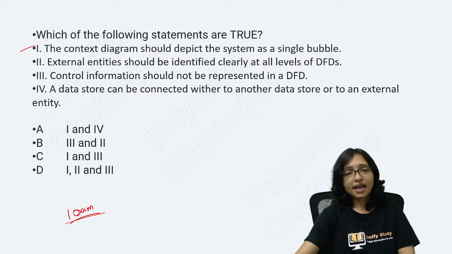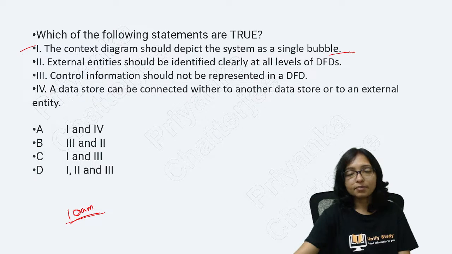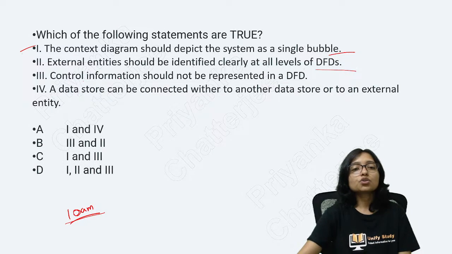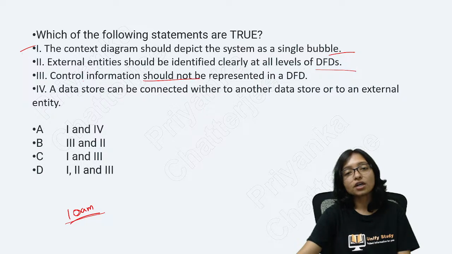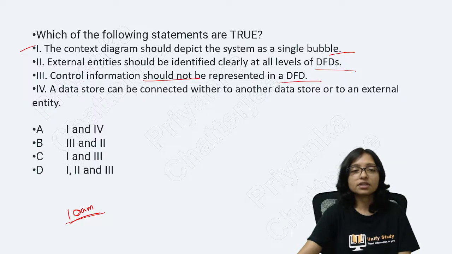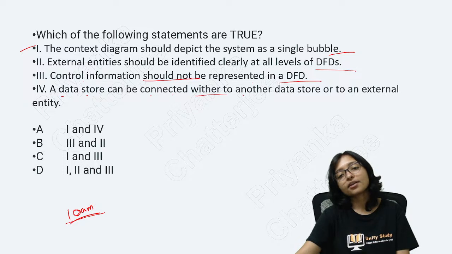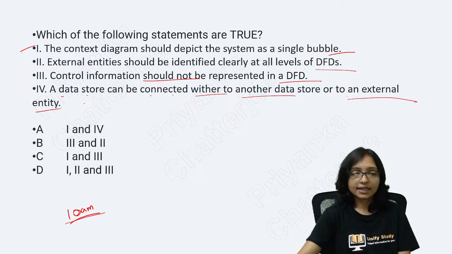The context diagram should depict the system as a single bubble. External entities should be identified clearly at the level of the DFD. Control information should not be represented in the DFD. The data store can be connected either to another data store or the external entities.